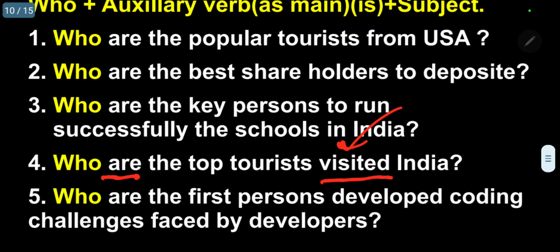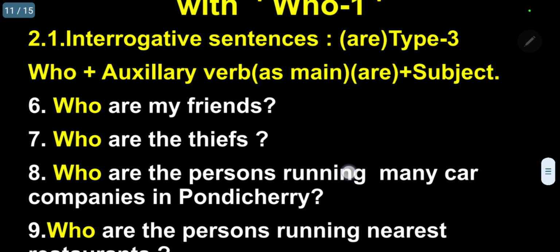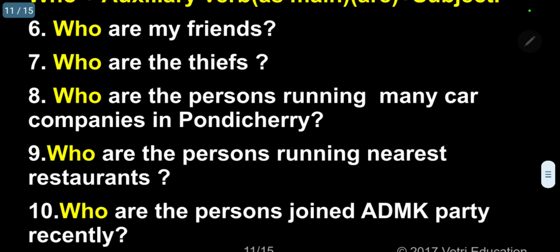So here are is the helping verb, visited is the main verb. The same way, who are the first persons developed coding challenges faced by developers? Again, are is the helping verb, developed main verb, participle.